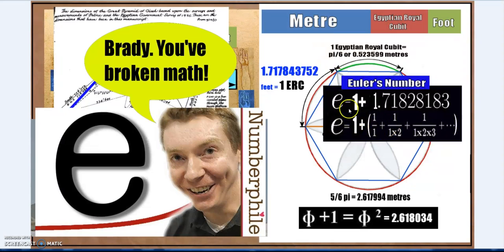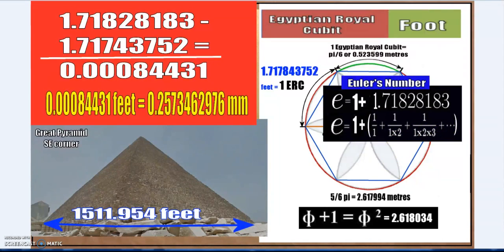But what's really happening with Euler's number is 1 plus 1.71828183, which is 1 plus 1 divided by 1 factorial plus 1 divided by 2 factorial plus 1 divided by 3 factorial, etc., etc. And that's Euler's number.